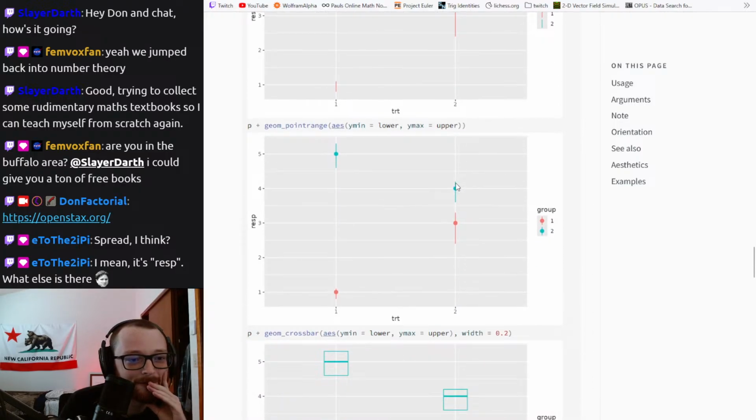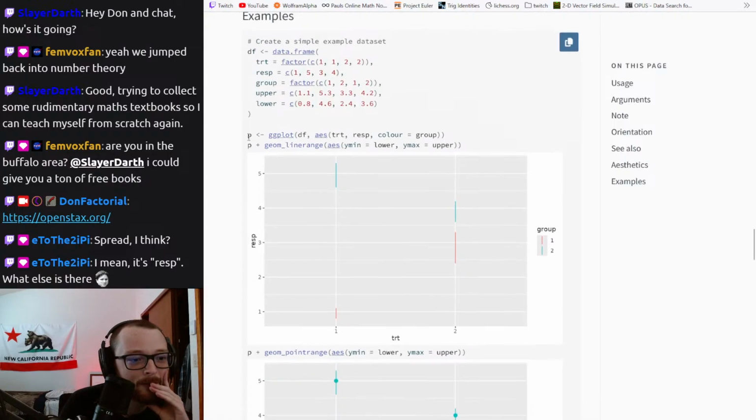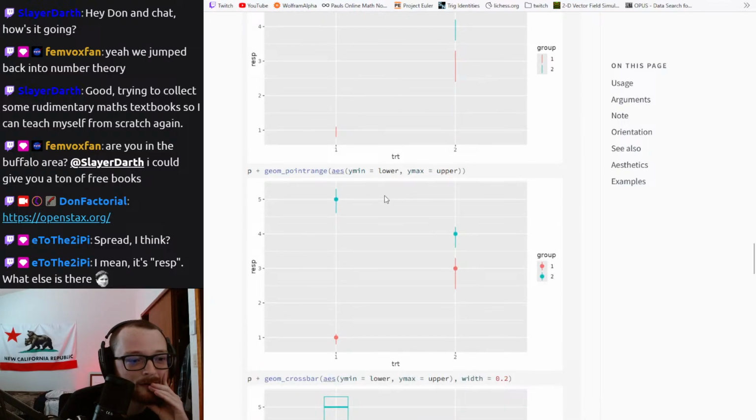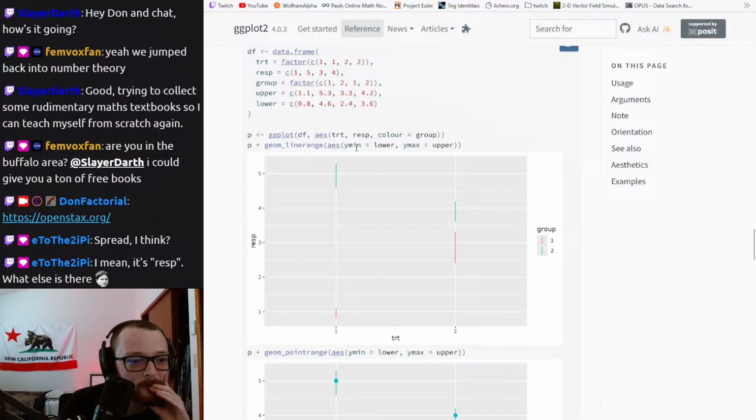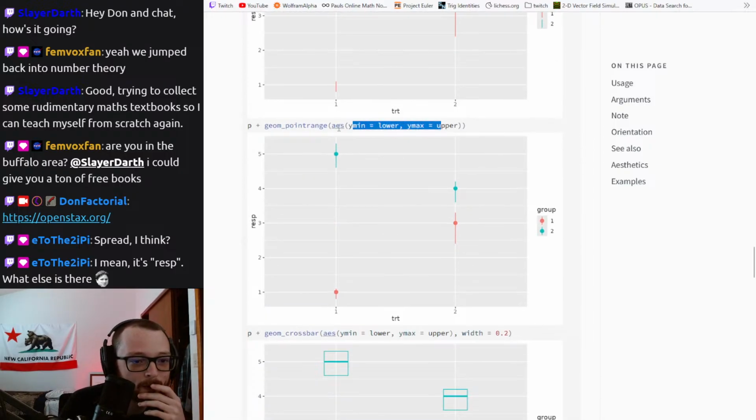Let's get another one. Wait, what is P? P is ggplot. Okay. What's the difference between... Oh, that's linerange, so I shouldn't even... Like, this plot seems entirely useless, but we are more interested in pointrange anyway.